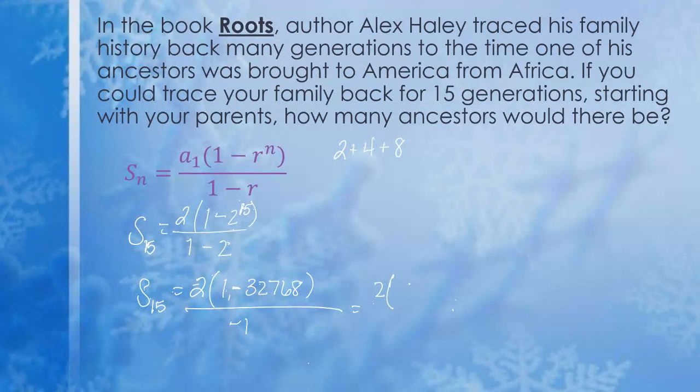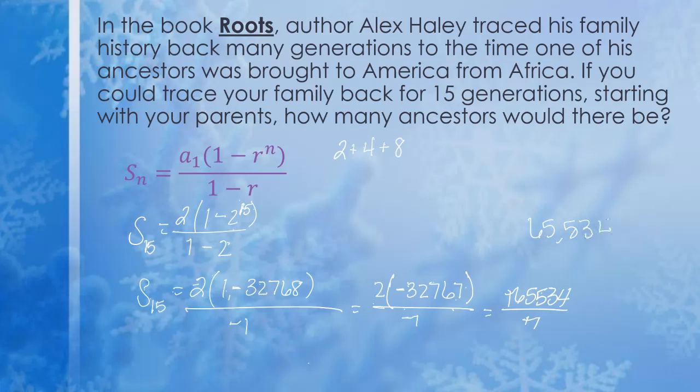On the top, we have negative 32,767, which we're then going to multiply by 2. And we get negative 65,534, over negative 1, of course, is positive 65,534 people.